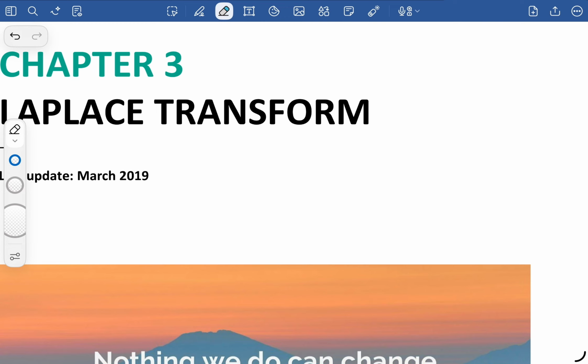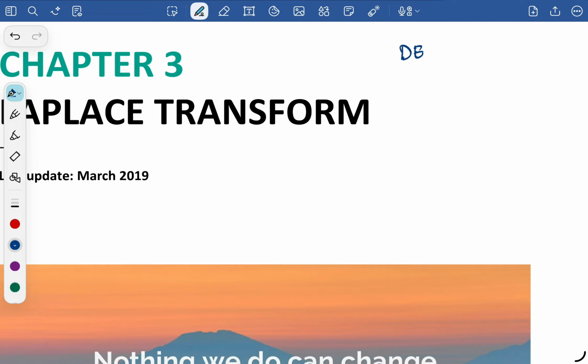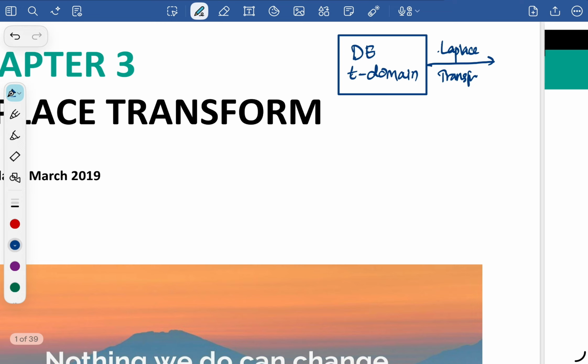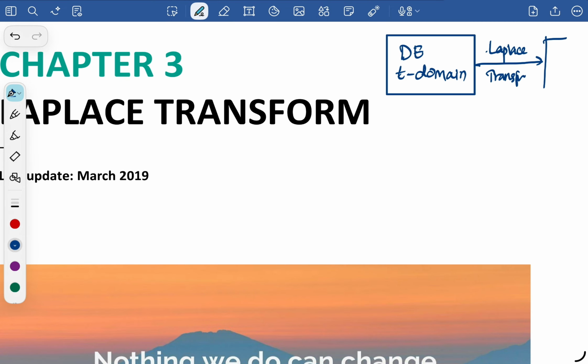But what we will learn here is, if you are given a DE which is in the t or x domain, in this chapter you will learn how to use the Laplace transform so that you can write this DE into the s domain.